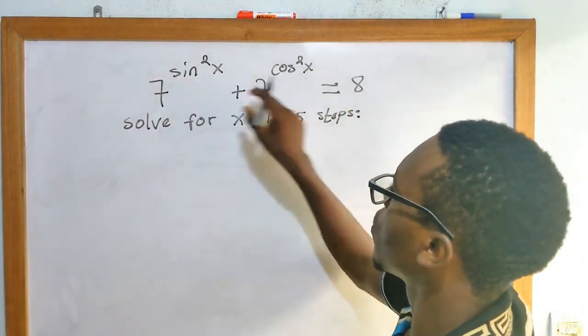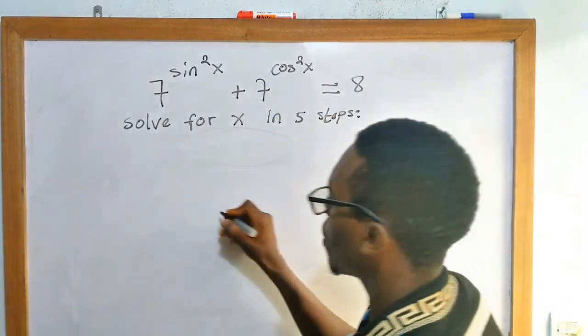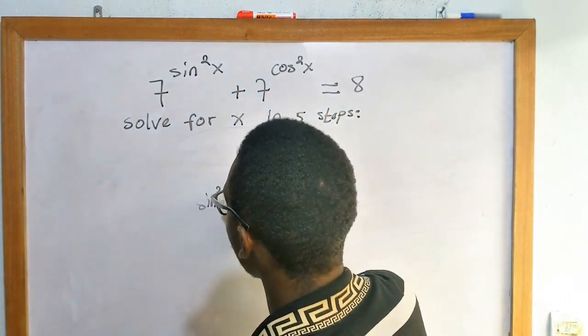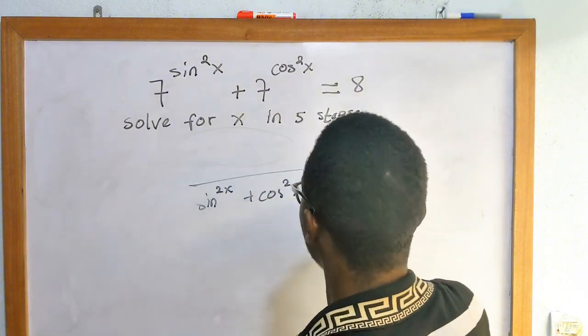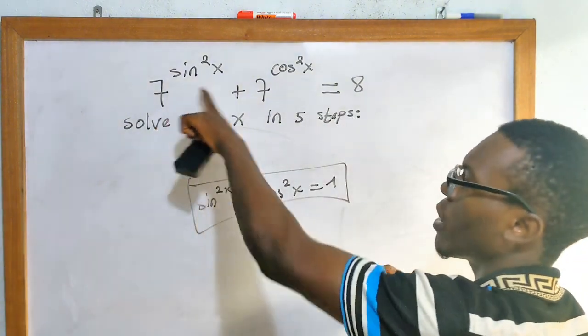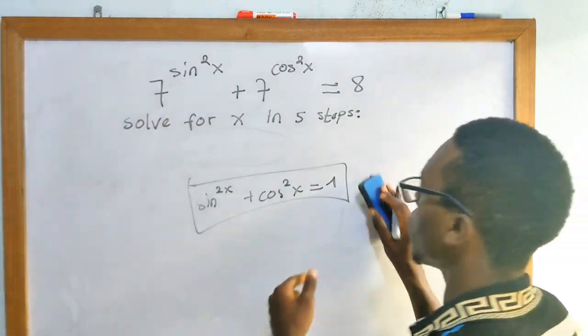Since you have sine square x and cos square x separately, we know that sine square x plus cos square x from trigonometry is equal to 1. How can you have 1 somewhere here so as to reduce the length of the equation?